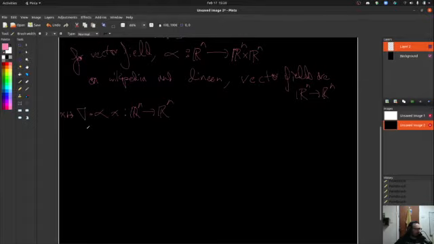Now the sum of standard basis vectors times partial derivatives is a vector. This is going to be del x1 through del xn.